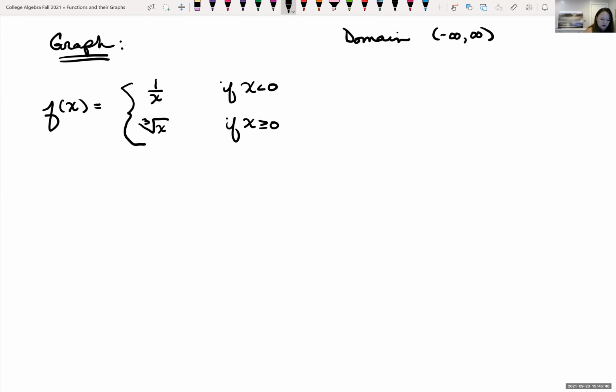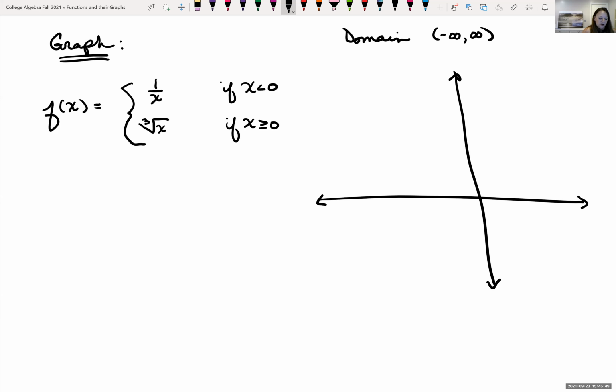I would probably just start graphing it. So I know that 1 over x, we kind of just looked at that family of functions, what that looks like when x is less than 0. That was that piece in the third quadrant that looks like this.